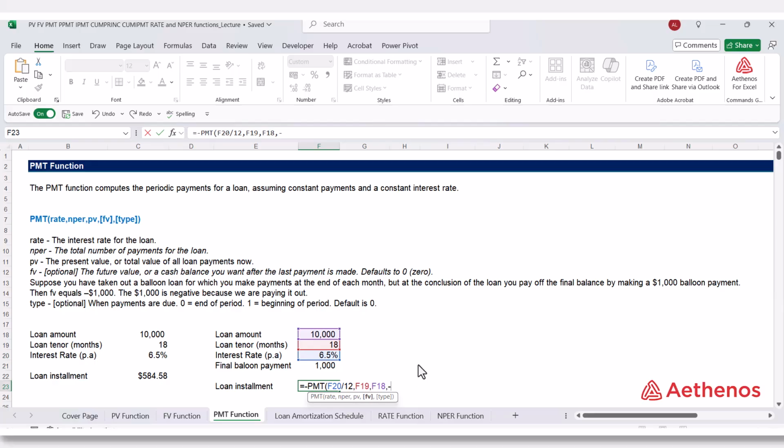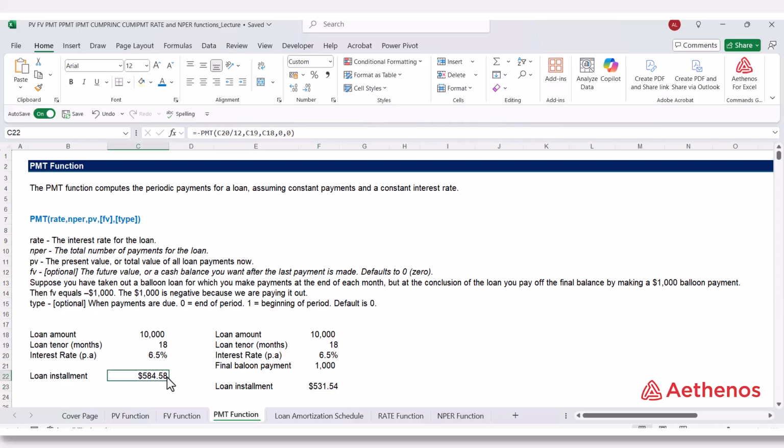So you put that as an outflow, minus, and this cell is linked to that for the minus 1,000. And these are end of the period, so we use 0 and we press enter. So now the loan installment is $531.54.